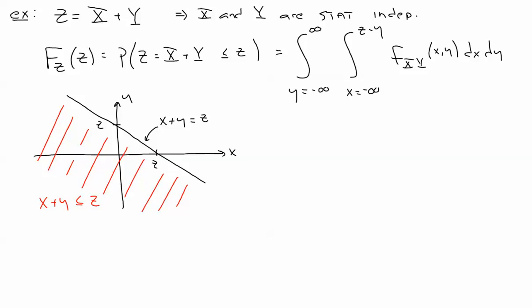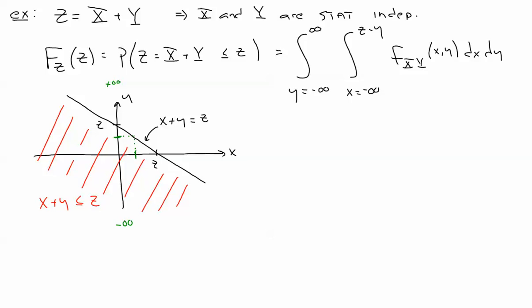All right? Now what I'm going to allow is I'm going to allow y to go from minus infinity all the way to plus infinity. But when I do that, x is limited. For any value of y, for example, right there, my maximum value for x is right there.